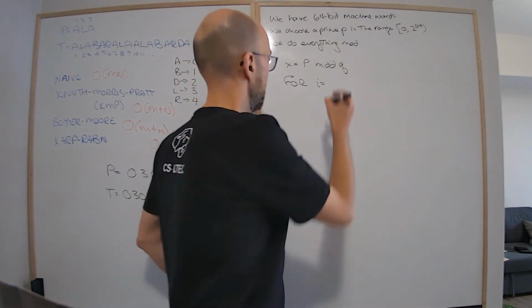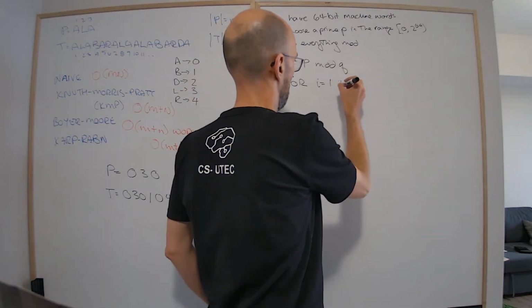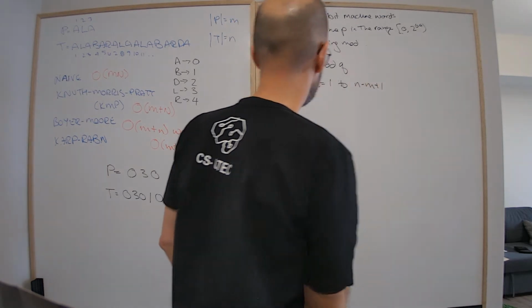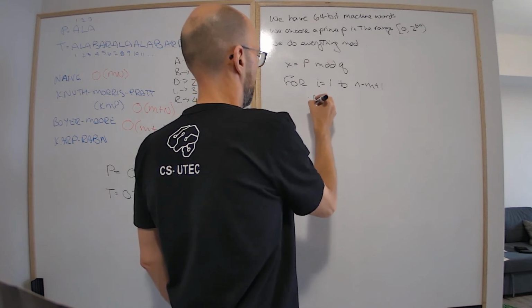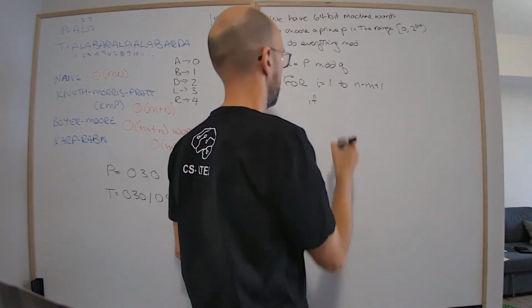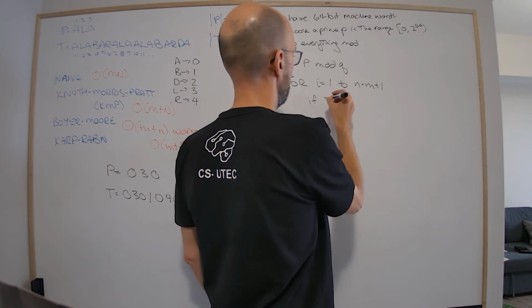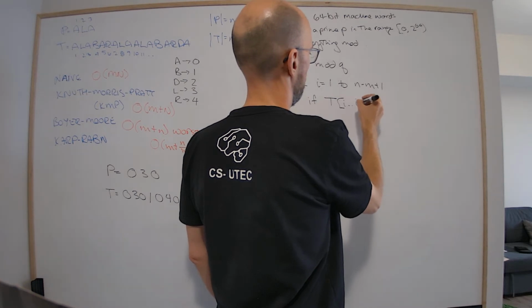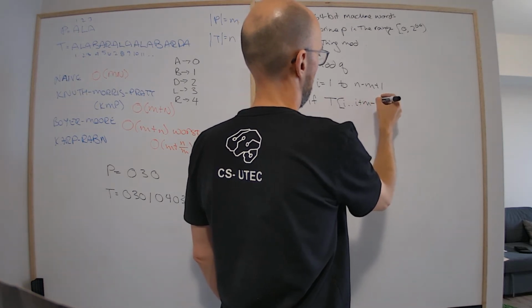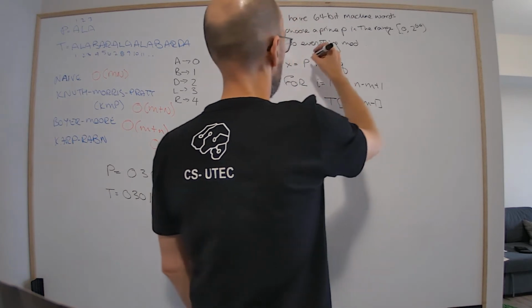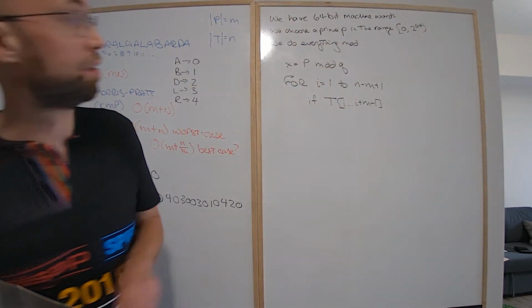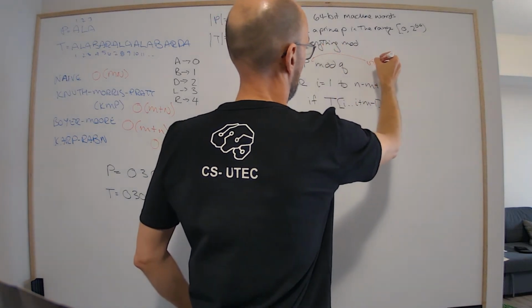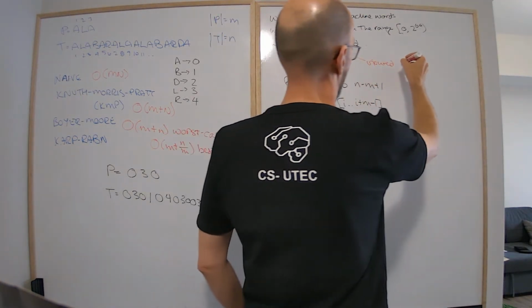And then for i equals 1 to n minus m plus 1, if t[i to i plus m minus 1], remember, this is p viewed as a number.